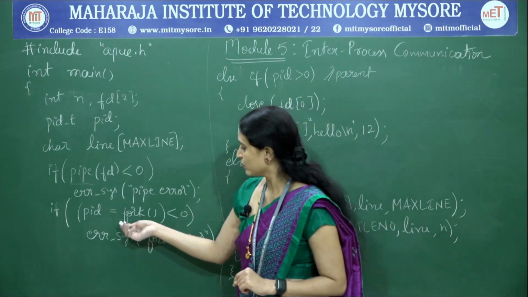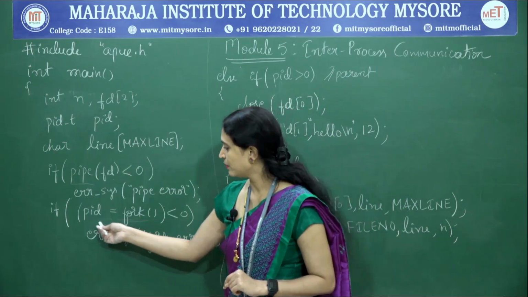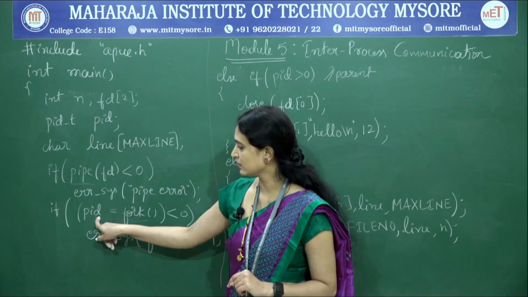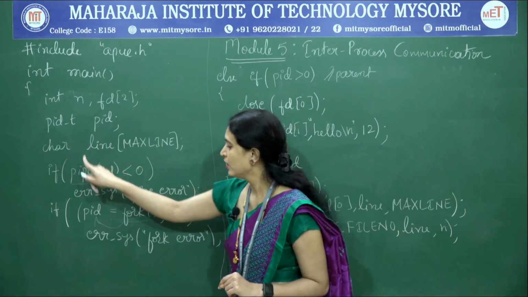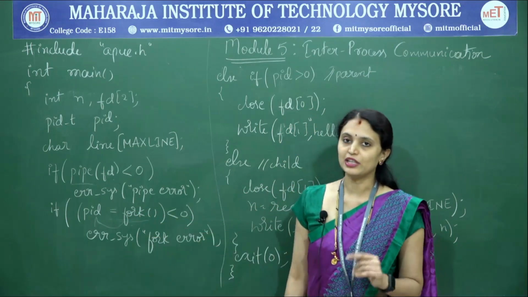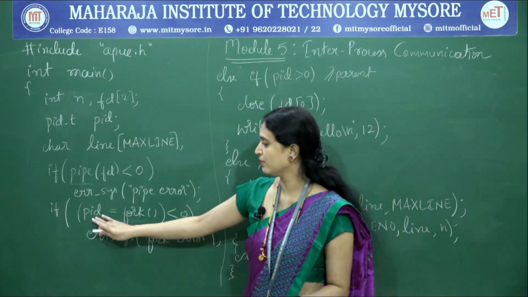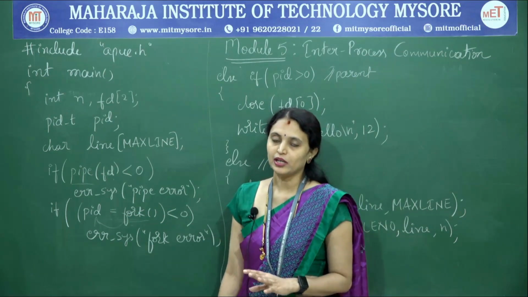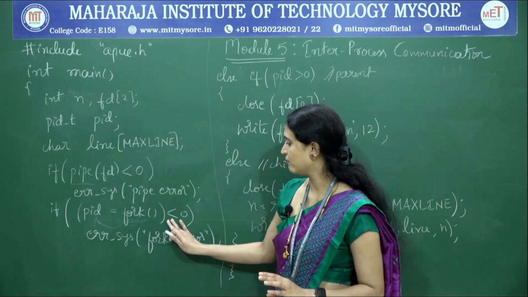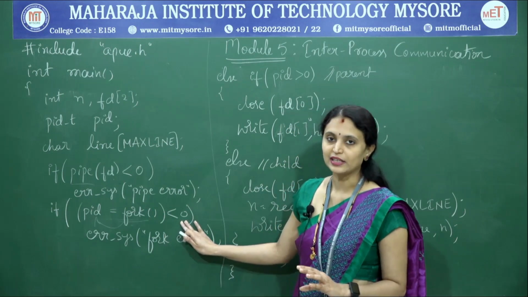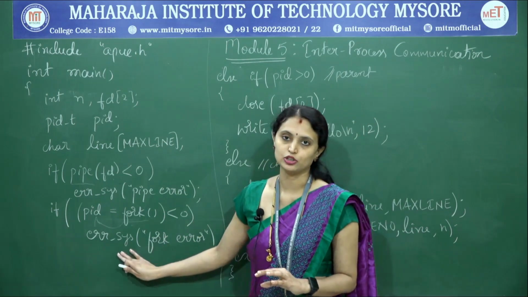The fork function returns the PID, and we assign it to the variable pid of type pid_t. If it is executed successfully, no issues, the process ID will be assigned to pid. Otherwise it returns -1, so it will be less than 0, and if there is any error, we print the error message.